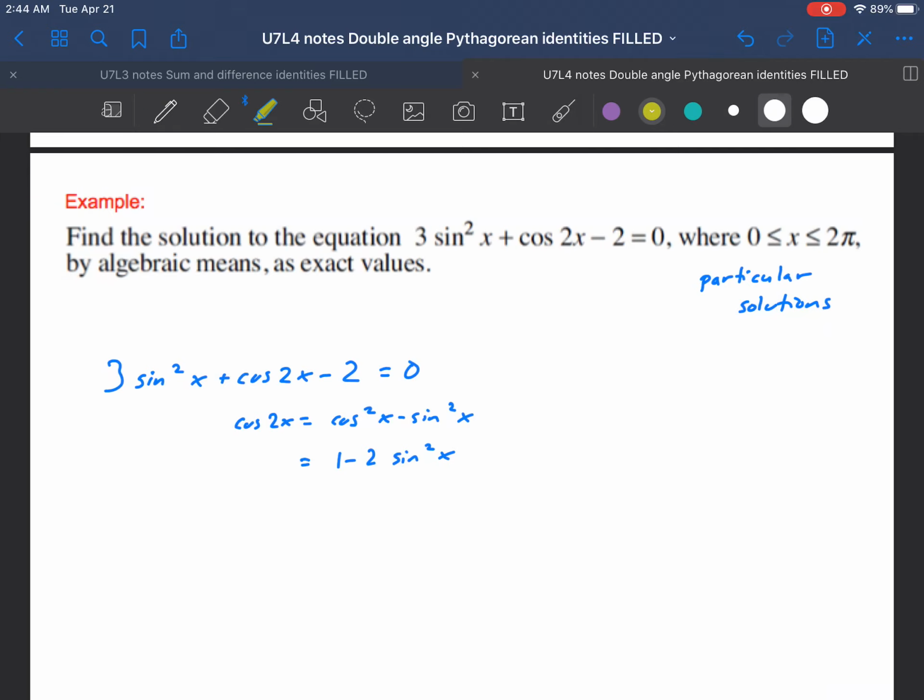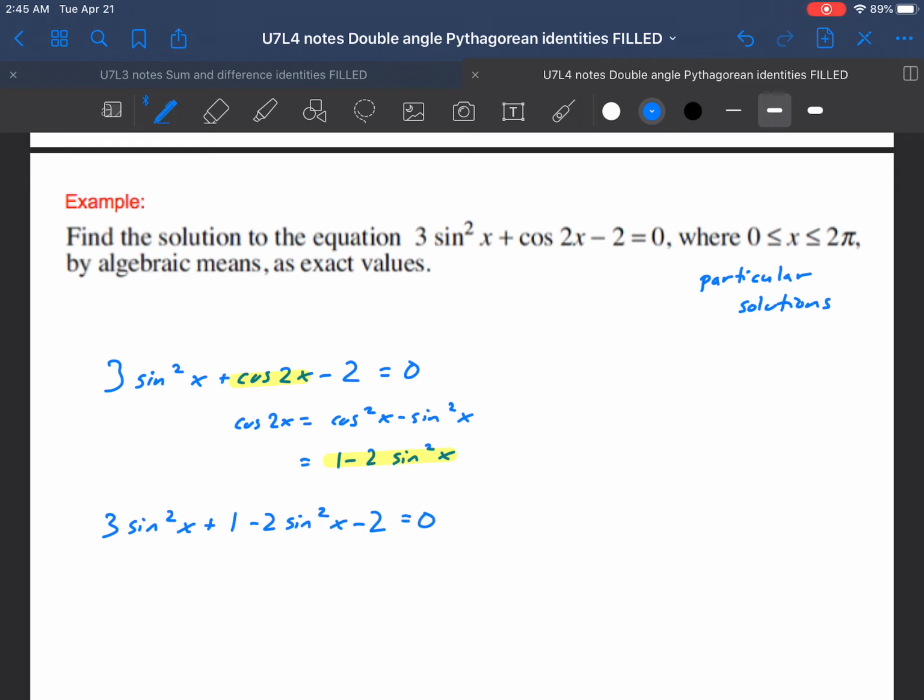And this is what I want to use, right? Because the argument is x. This matches this, and it's also sine squared. So I'm going to substitute this in right here after I highlight it. Okay, so this equation is going to become 3 sine squared x plus 1 minus 2 sine squared x minus 2 is 0.